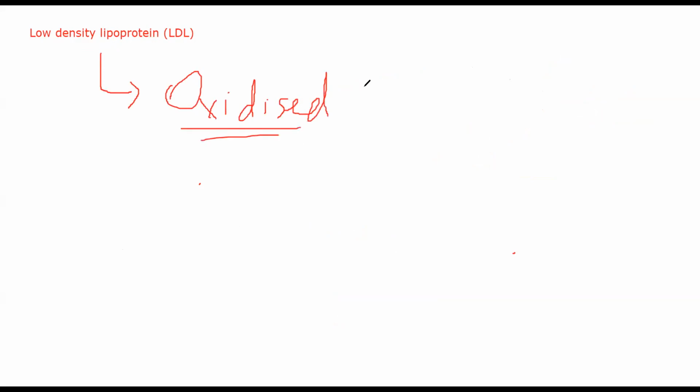Whenever it gets oxidized, it has a potential to form clots. That is one problem with LDL. Whenever you have the oxidized form of LDL, it is very thrombogenic. Thrombogenic means it will easily form a thrombus.